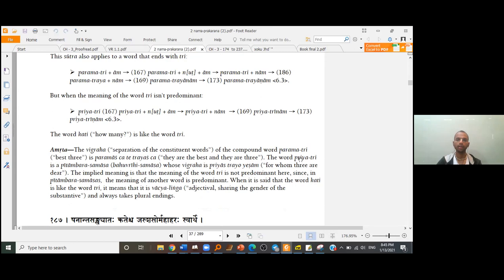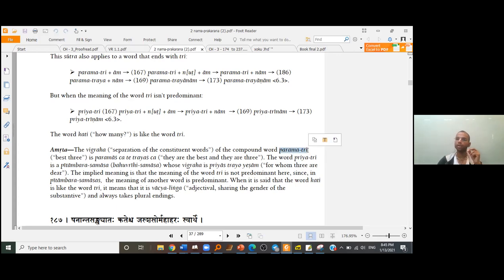Yes, Priya Tri is a Pitambara Samasa, which means Priyah Trayaha Yesham, for whom three are dear. So in this one, whom is the subject? And the three are secondary. But in Parama Tri, the best three is the subject. So in this case, the Swartha is done.